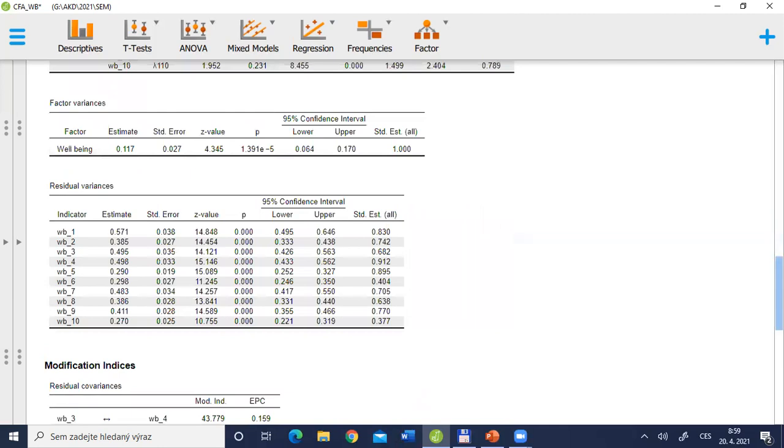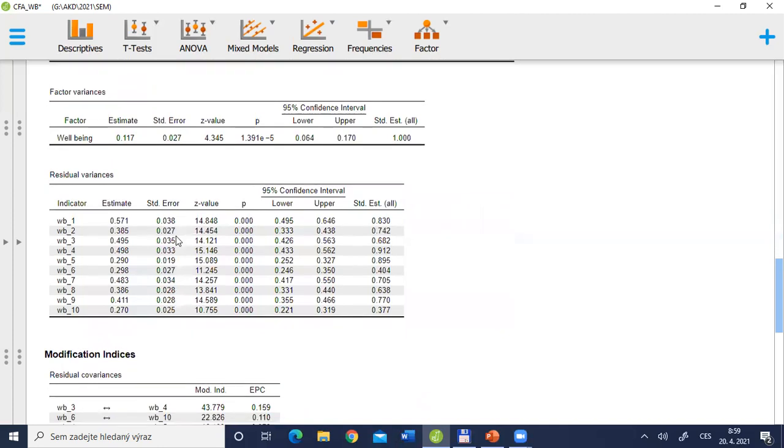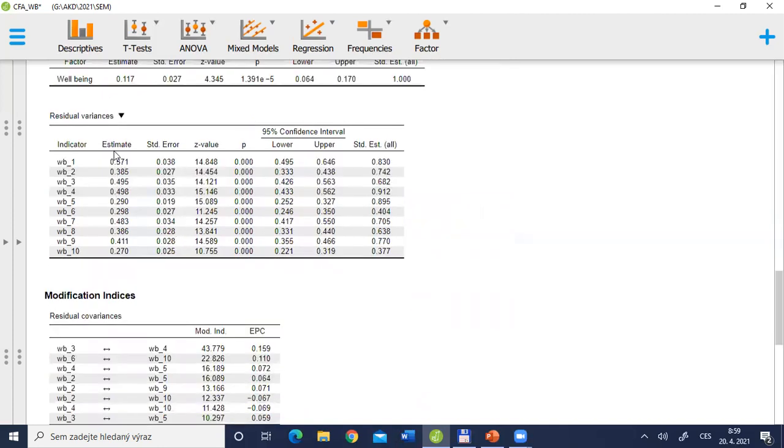You can find also here for these individual estimates residual variances. So it means, once again, for every dependent variable, I'm estimating the variance of random error. Here we have the figures. So these are unexplained variances, once again unstandardized.